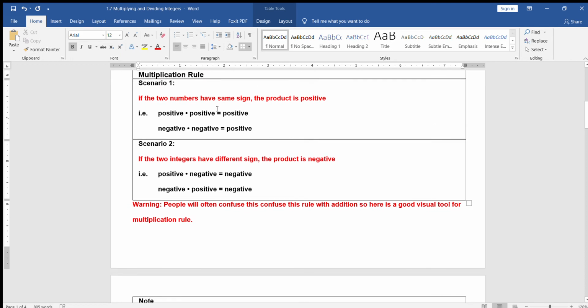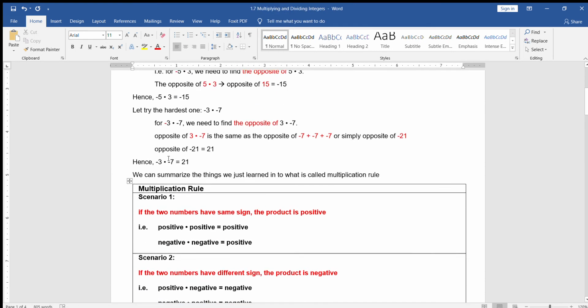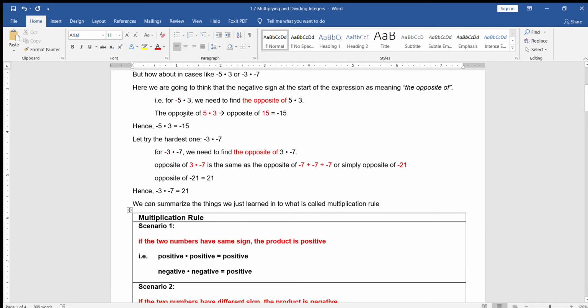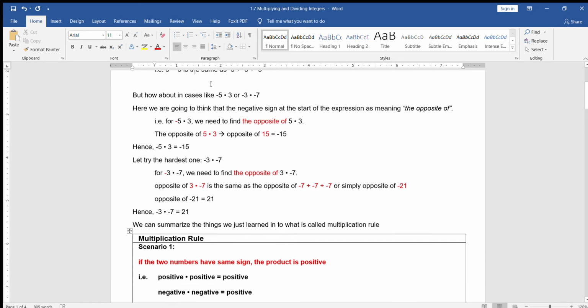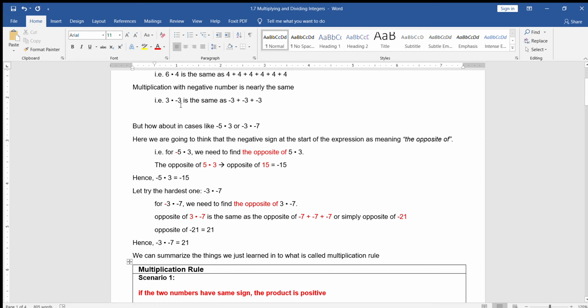And scenario 2 is if we're multiplying two numbers with different signs, the product is negative. In this case, negative 5 times 3 is negative 15, and negative 3 times 3 is negative as well.